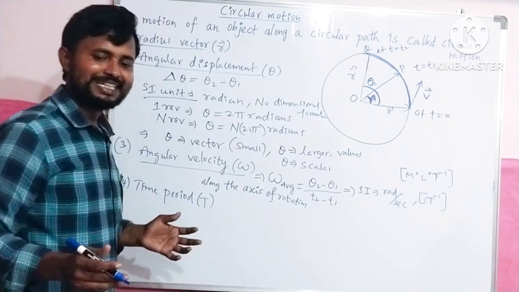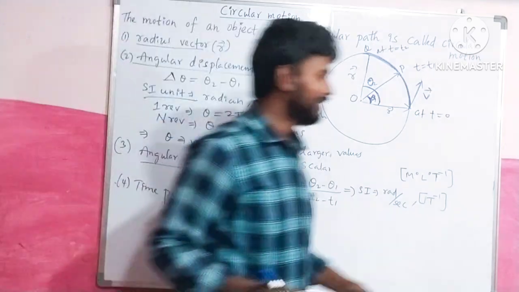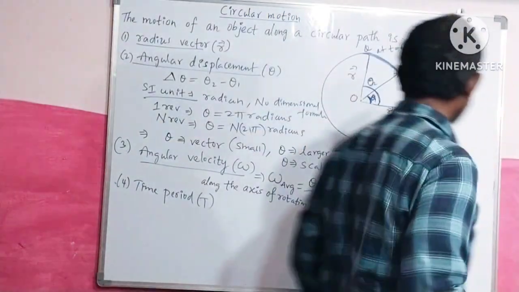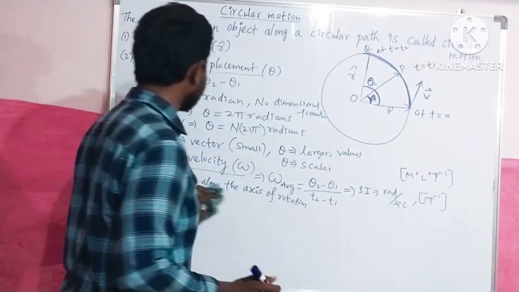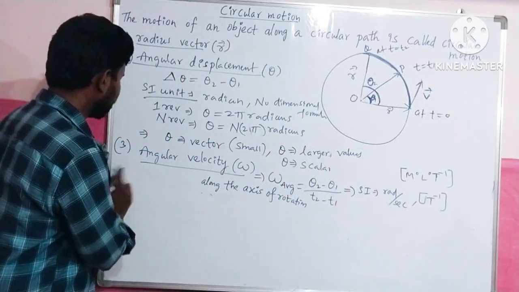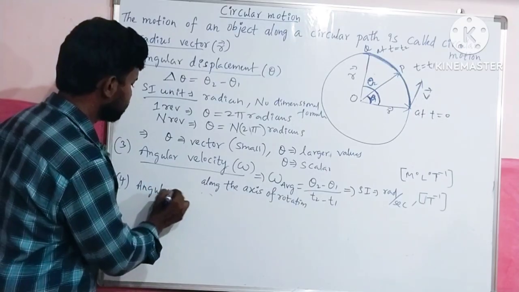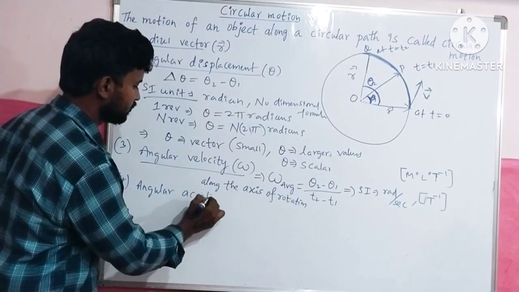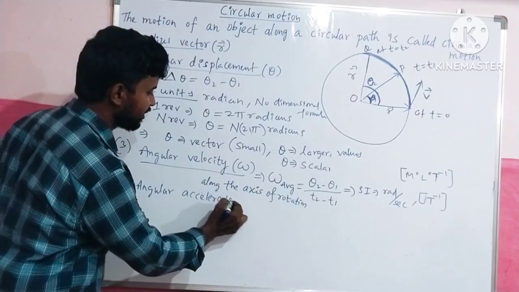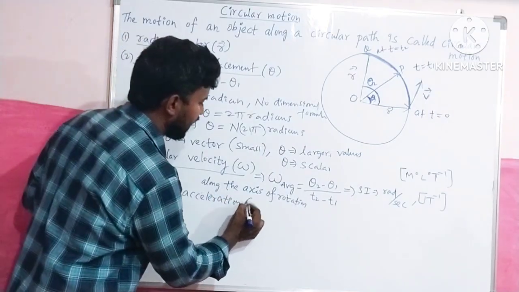Before that, I will explain angular acceleration. The next quantity is angular acceleration, denoted by the letter alpha.